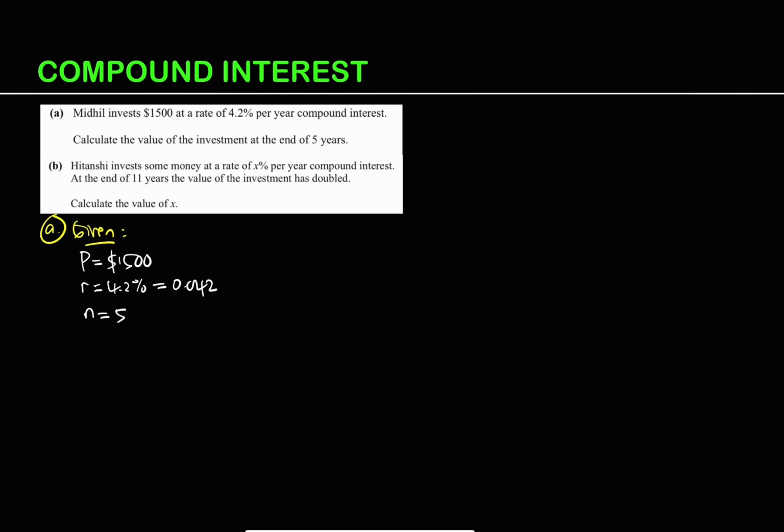Now we can apply the compound interest formula: A equals P(1 plus r) to the power of n. So that's 1,500 times (1 plus 0.042) to the power of 5. So then this is 1,500 times 1.042 to the power of 5.